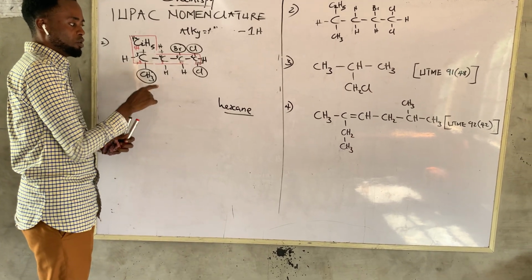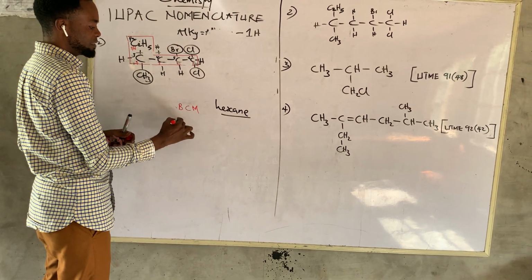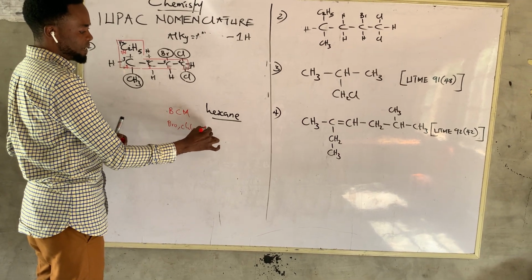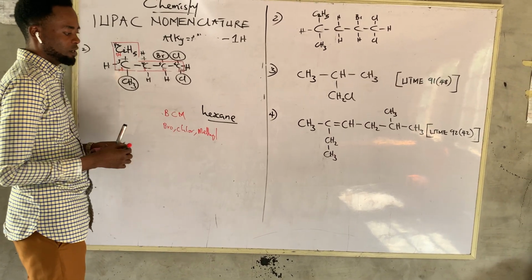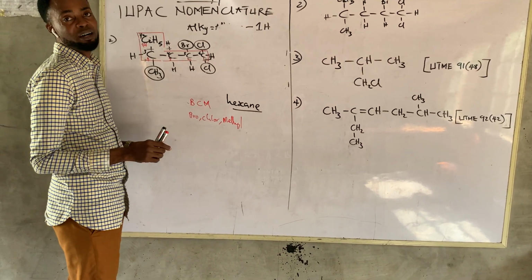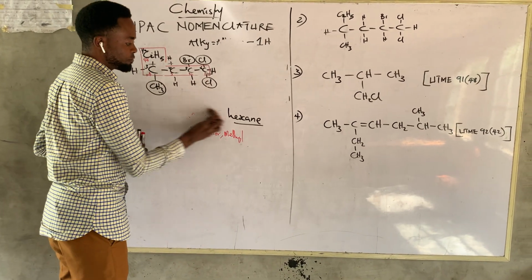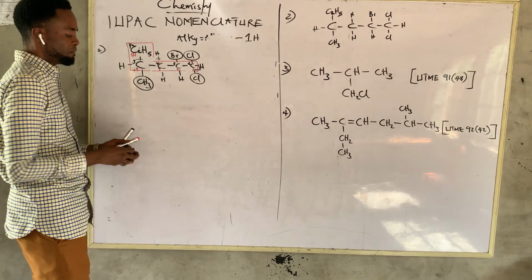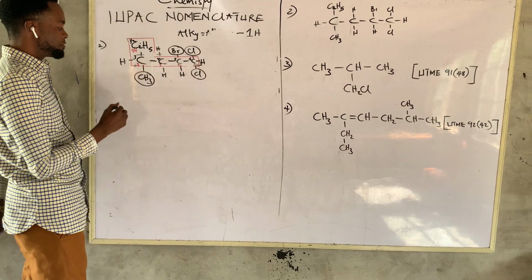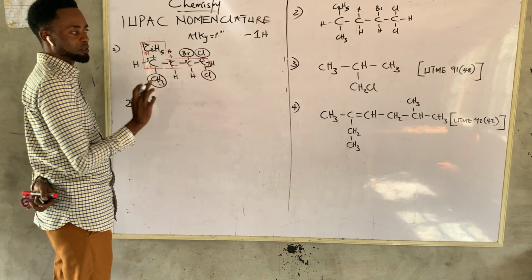That is bromo before chloro before methyl in alphabetical order. Now I'm going to be naming in alphabetical order, but it does not change the numbers you have already given to them. So, because B is coming first, I'm going to be having 2-bromo, because bromine comes first.